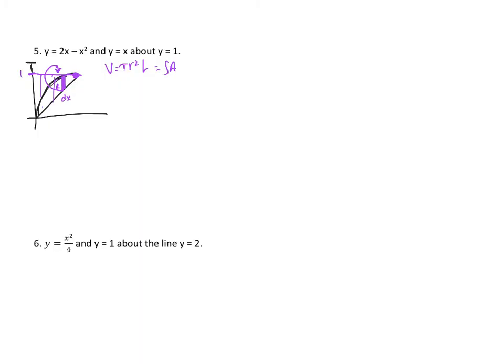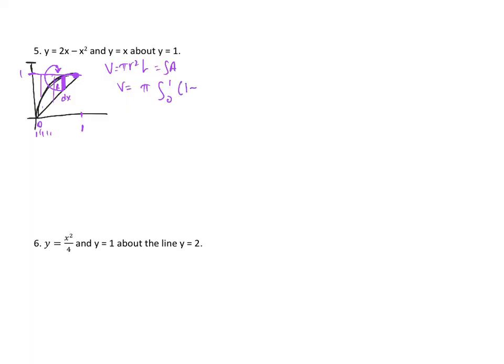And I always taught you too, one way to think of it, we put this in our notes, you're always going to say the line of rotation minus whatever your equation is. So that's basically what we're doing, and there's the visual for why it works that way. So the volume will be pi times the integral from 0 to 1, because I'm slicing it this way, all the way out to 1 here for the dx's.